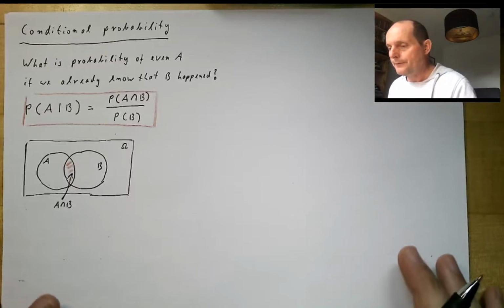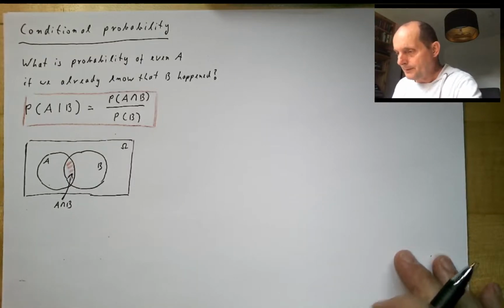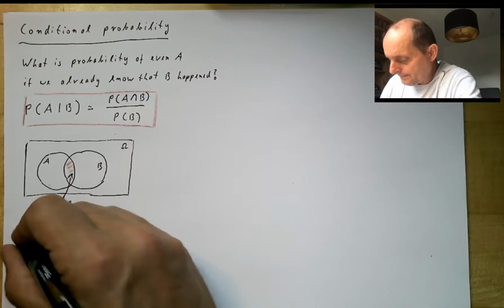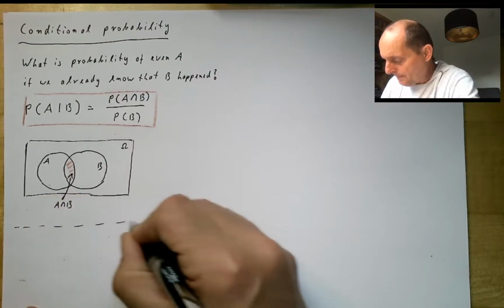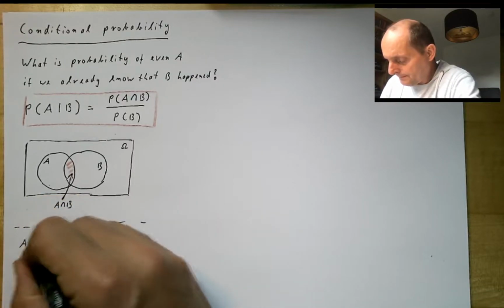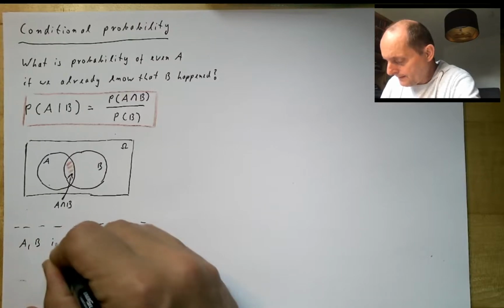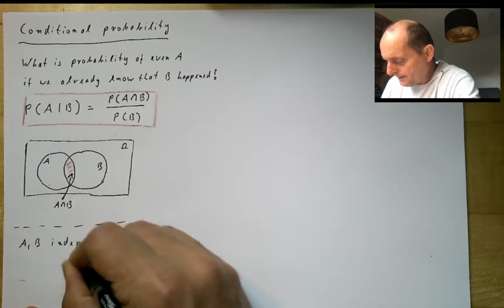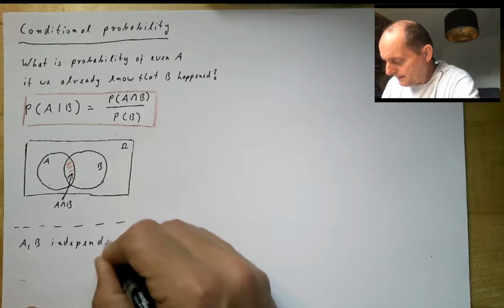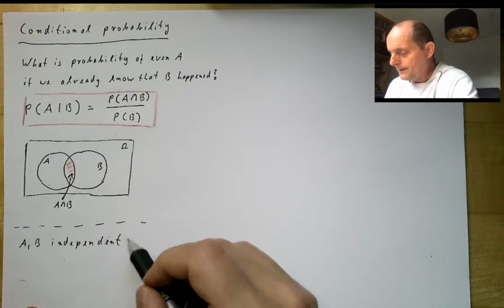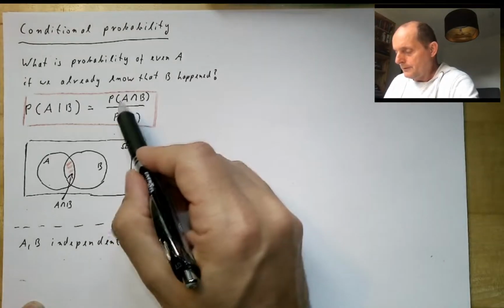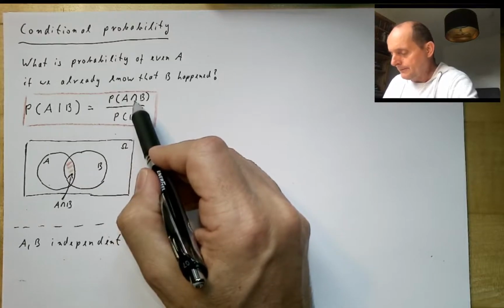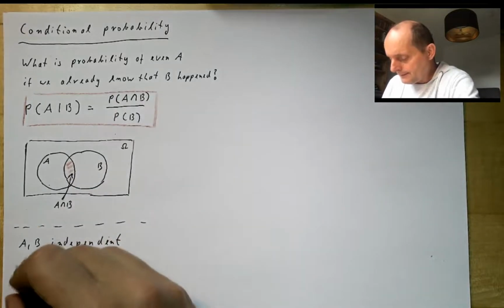So first, if A and B are independent, then we know the probability of the intersection is the product of probabilities.